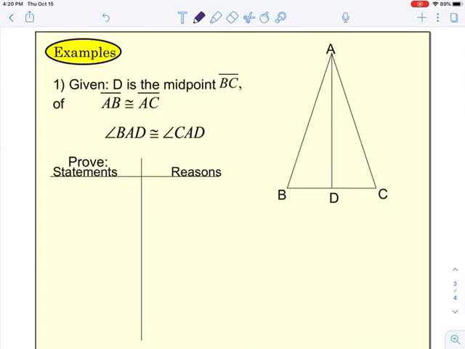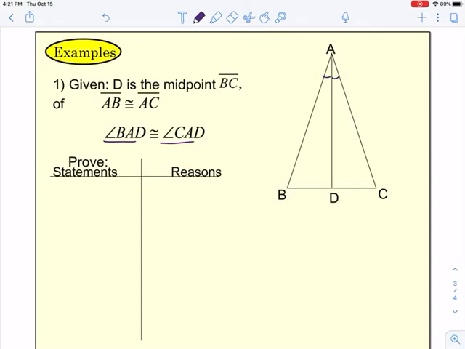So given that D is the midpoint of BC and AB is congruent to AC, we want to prove that angle BAD is congruent to angle CAD. So the first thing I'm going to do is highlight these 2 angles in purple, and then I'm going to change my pen. Okay, I want to prove that BAD, that's this angle here, is congruent to CAD, which is that angle there.